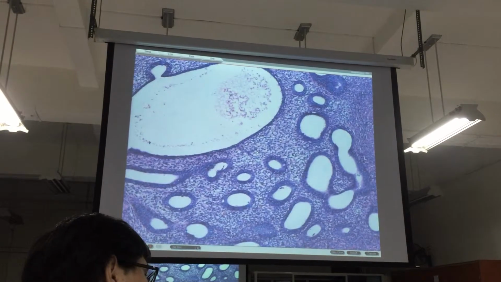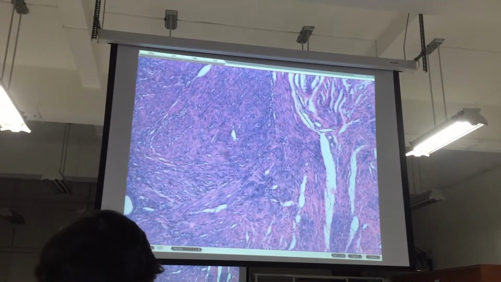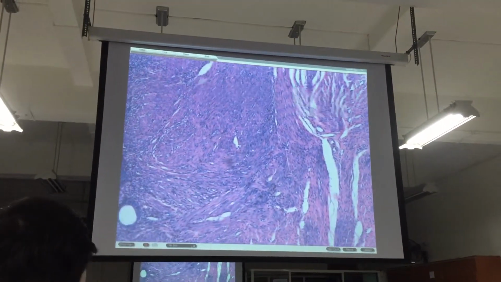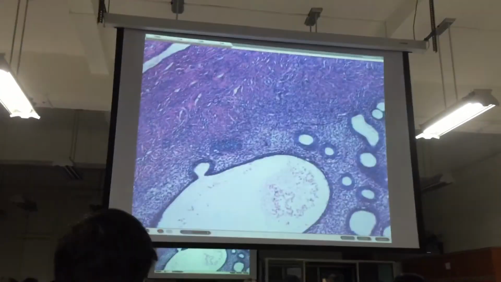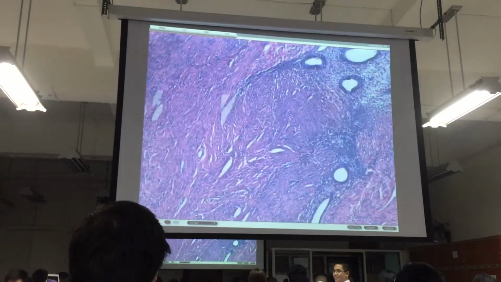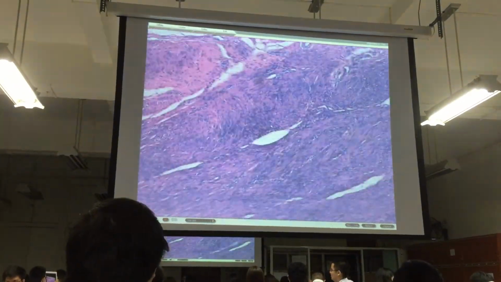At high magnification, what is that? Smooth muscle. So around this endometrium are smooth muscle tissues.